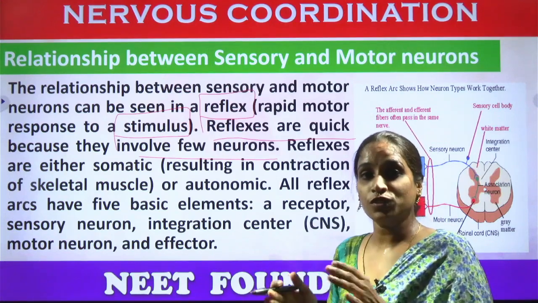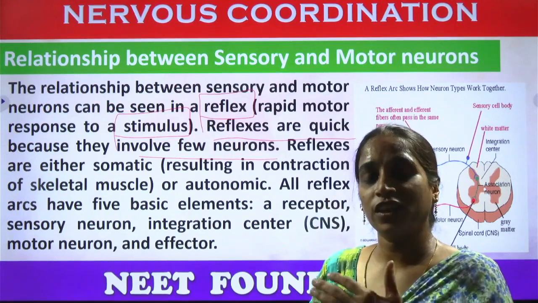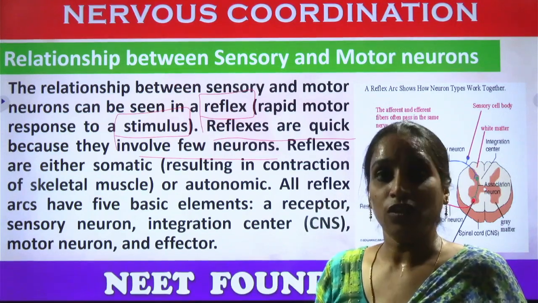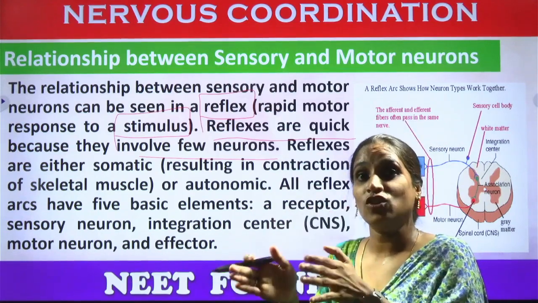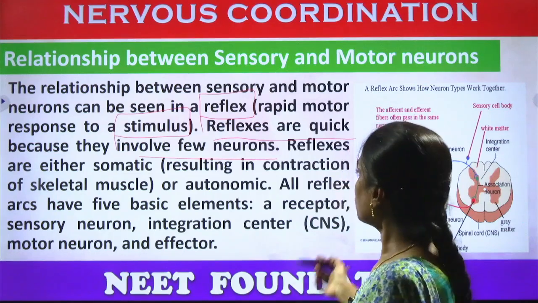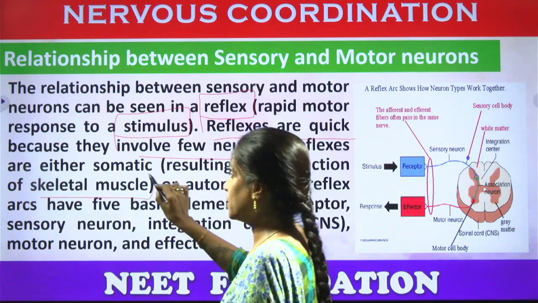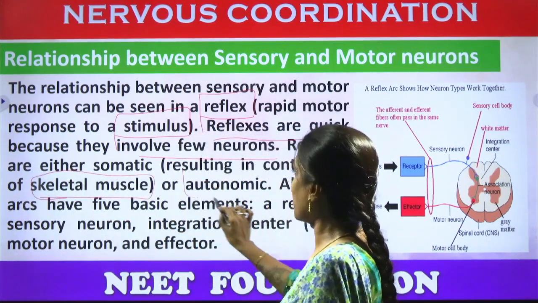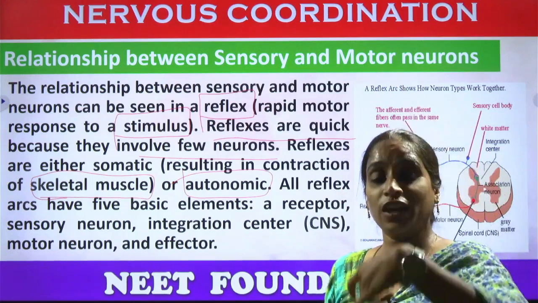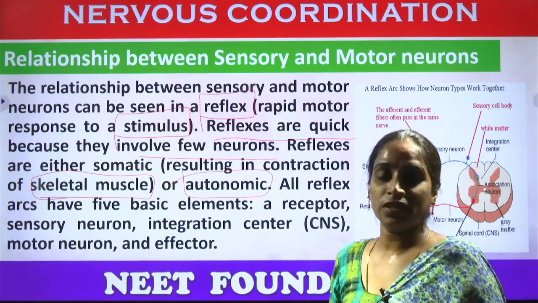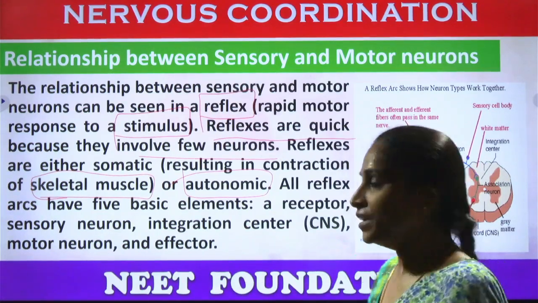Here the neurons arising from the spinal cord play a major role in giving very quick reactions to the voluntary muscles, by the spinal cord itself. This results in the contraction of the skeletal muscle. But what kind of action? An autonomic action, not under the control of the brain, but under the control of neurons present in the spinal cord, which is responsible for giving an immediate reaction.